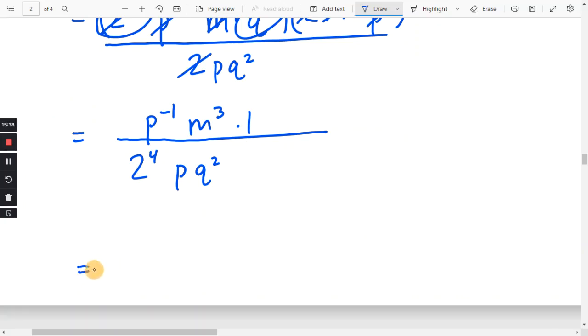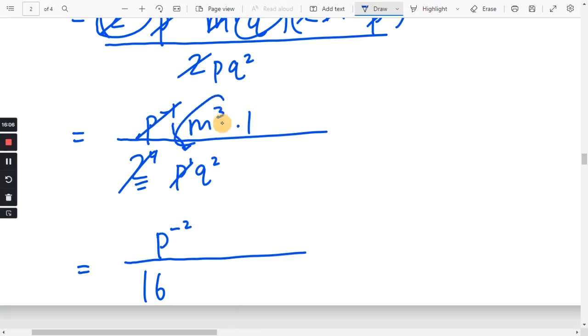So let's see. 2 to the fourth, 2 times 2 times 2 times 2, that's 16. Okay, subtracting exponents. When there's no exponent, it's automatically 1. So we have p to the negative 1. Negative 1 minus 1 is negative 2. So that's going to be p to the negative 2.